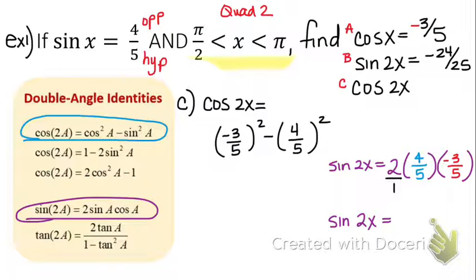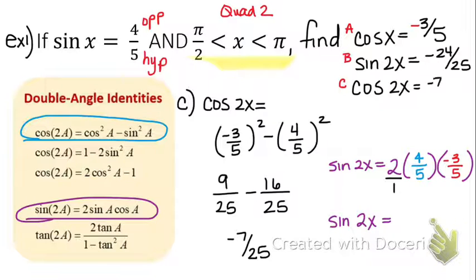We're going to do order of operations. It's kind of hard to square a fraction, so you square the numerator and the denominator. -3 squared is 9 over 5 squared, which is 25, minus 4 squared, which is 16, over 25. If you take 9 minus 16, you get -7 over 25. So now you have found all three.